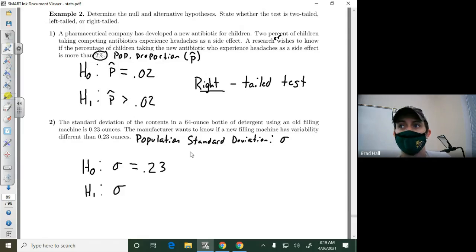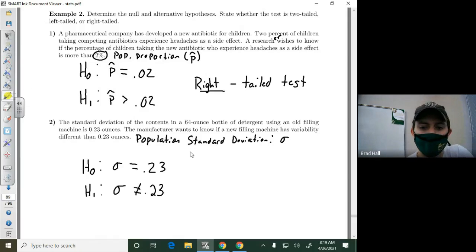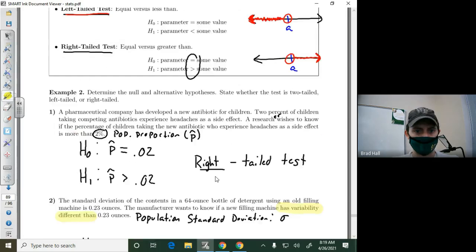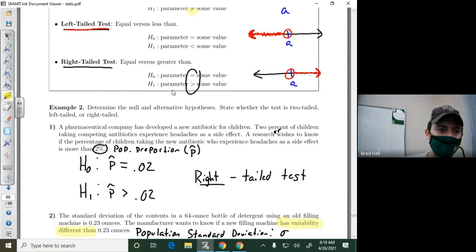Not equal. Yeah, it's not equal. Notice they don't say less than, more than. They just say has variability different than, which they try to throw you off with. As in, it could be greater than, it could be less than. But because they have an equal sign and then a not equal sign, when you try to figure out what tailed test you have, that's a two-tailed test. So that's it. It's a two-tailed test.